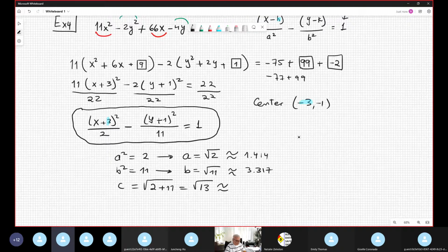And 13, let me copy here, square root 13. The value is 3.6. I did this before. So c is the square root of 13, approximately 3.605.